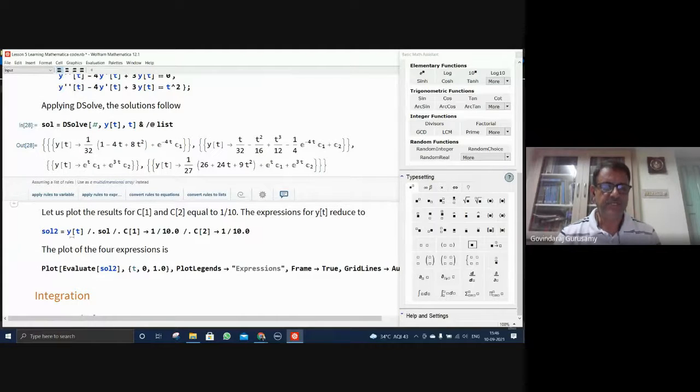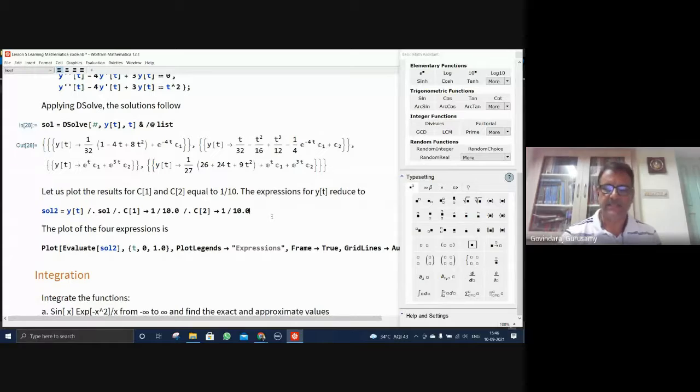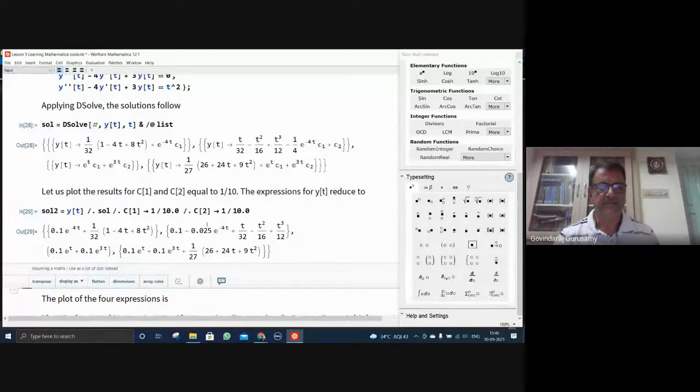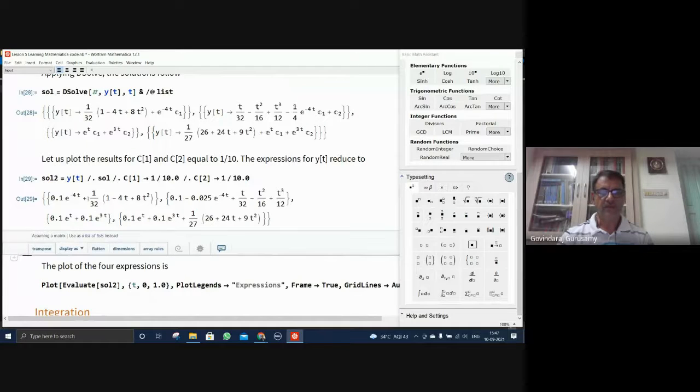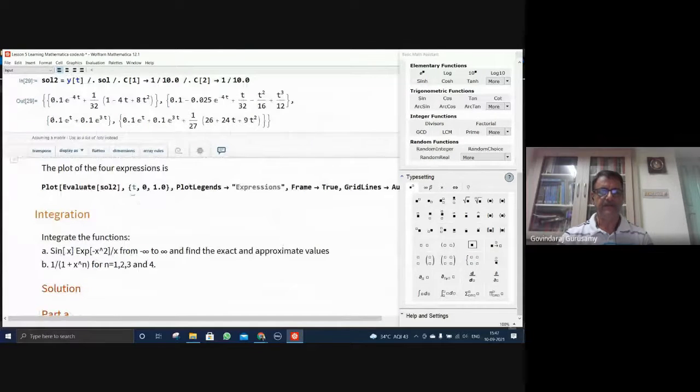Solution 2, you just use y of t, the solution substituted, C1, C2 is given. So you will get back this after substitution, 1, 2, 3, 4 differential equations with the constants C1, C2. Plot solution 2, all the 4 at a time. That's only one variable.